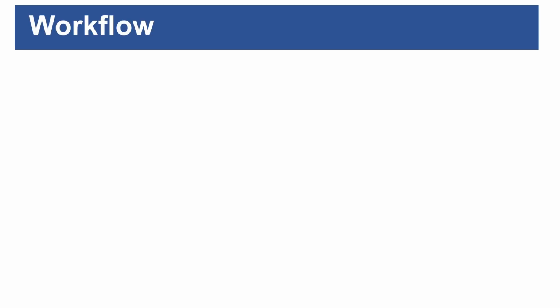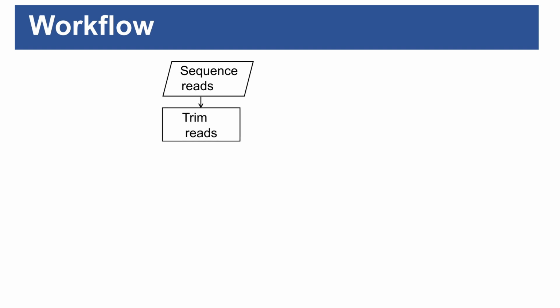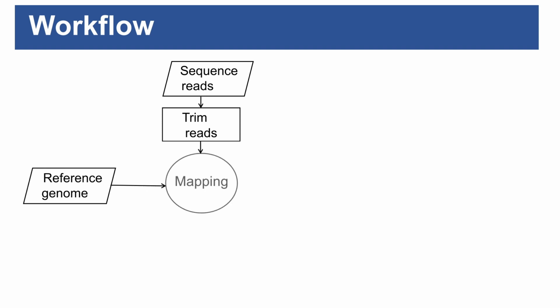Now for this tutorial, here is the workflow we will use. We are first going to download some sequence reads. We are going to use paired end reads. We will just use one sample. These reads will be trimmed as a form of quality control, and then the trimmed reads will be mapped to a reference genome. After mapping, a SAM file will be generated.